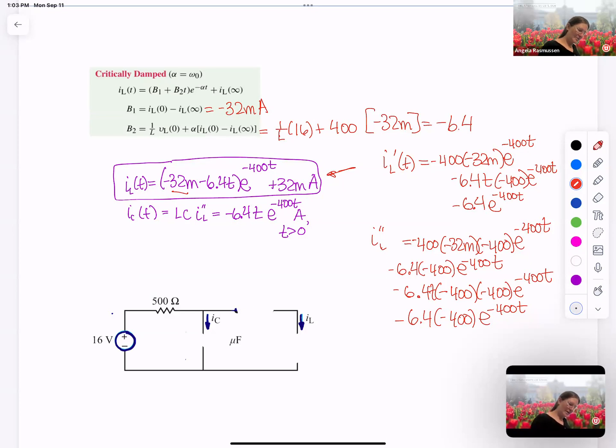Feel like I made an error somewhere. Okay, so the first one I just differentiate, so I bring down the minus 400. The second one, I do the first part and leave the second. And then I have to take the first and then differentiate the second part.